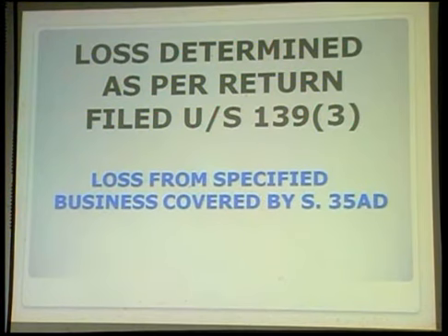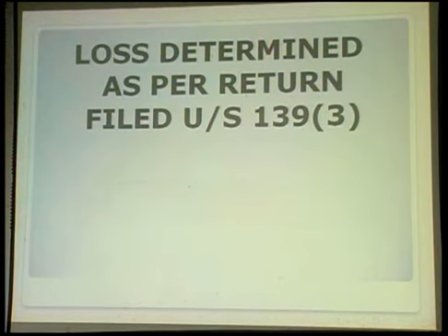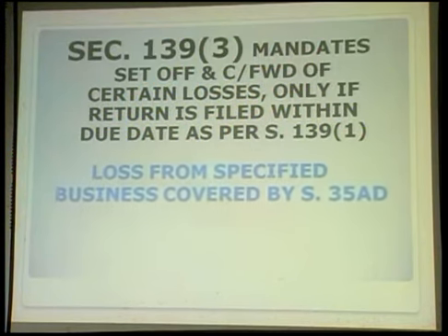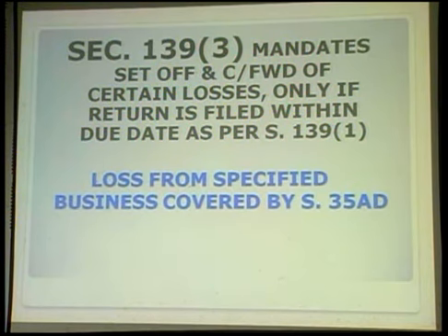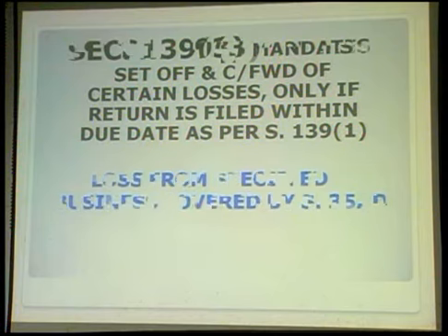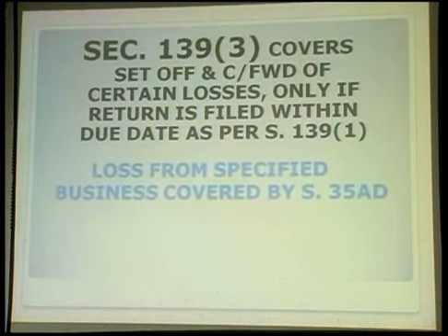Now, what about a loss which is determined as per the return which is filed under section 139 subsection 3? If you see subsection 3 of 139, it mandates the set off and carry forward of certain losses only if the return is filed within the due date as specified in subsection 1 of 139.